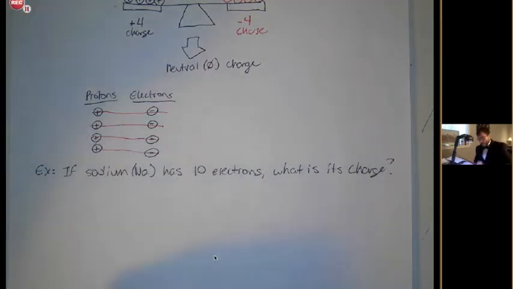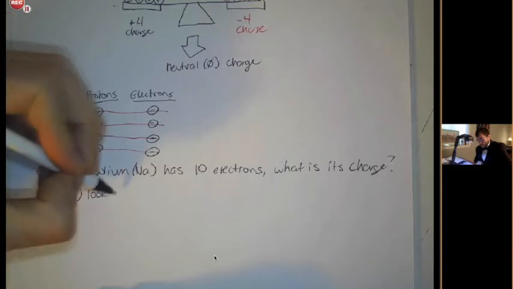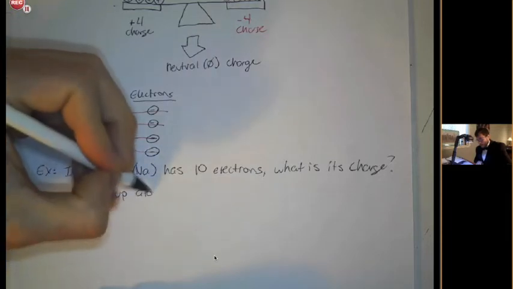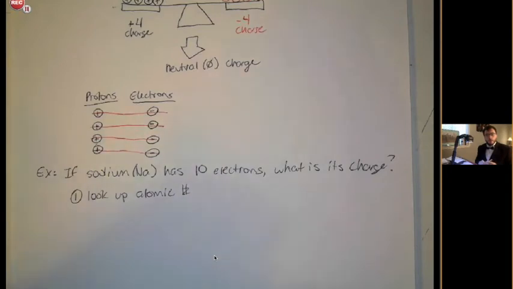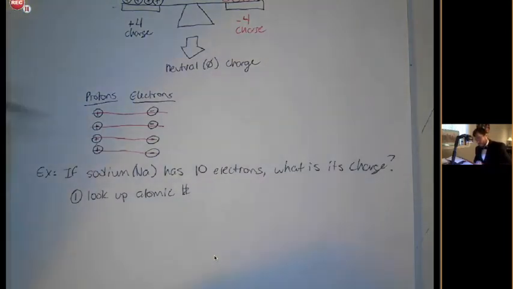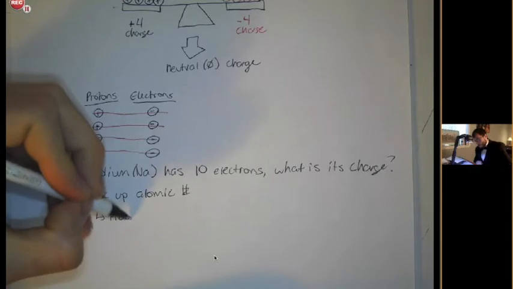Well, the first thing we need to do is look up the atomic number. What you'll remember from my previous lecture is that the atomic number on the periodic table will tell you the number of protons in a sodium atom. So when we do that, what do we get?